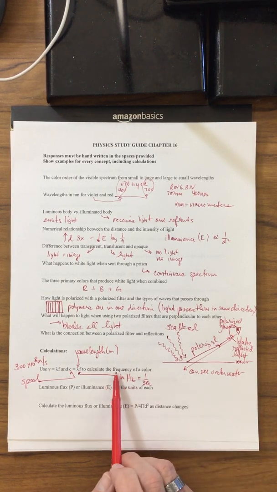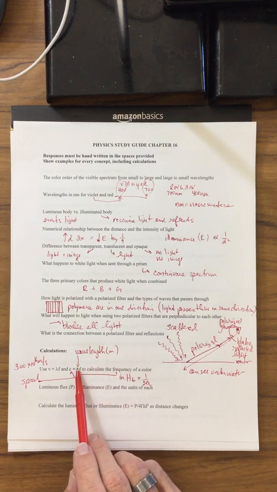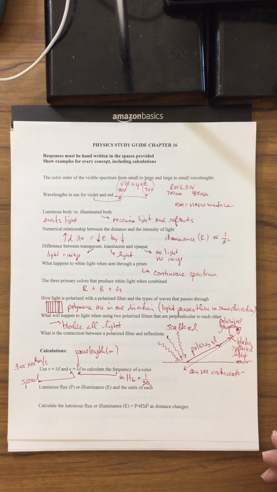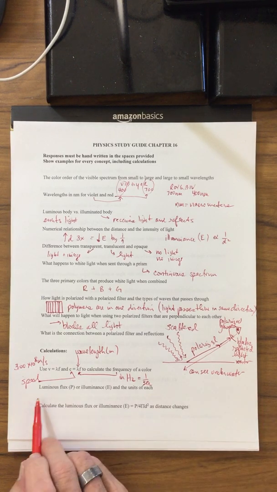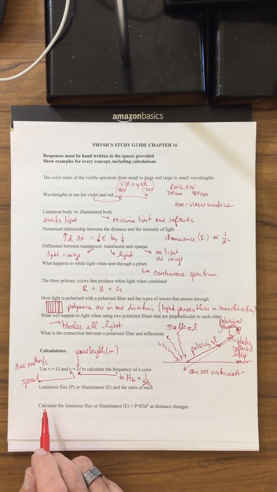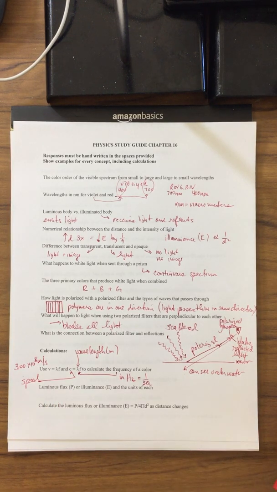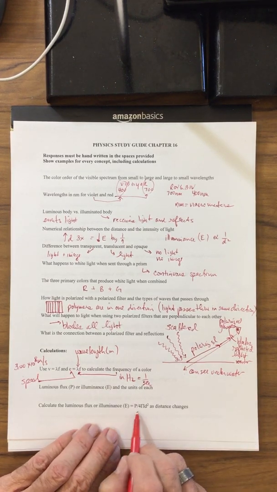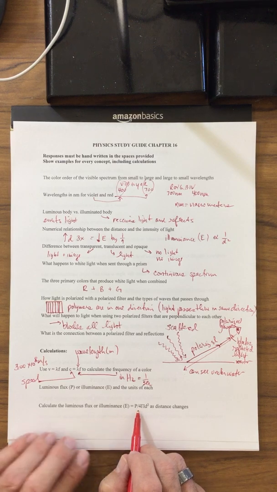They're going to provide the wavelength, and you're going to have to calculate the frequency of the color. There's going to be a problem with luminous flux and the units of each. The illuminance is based upon this right here.